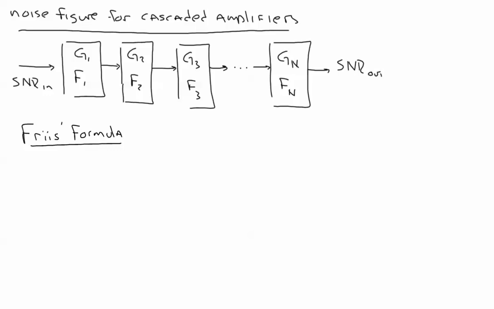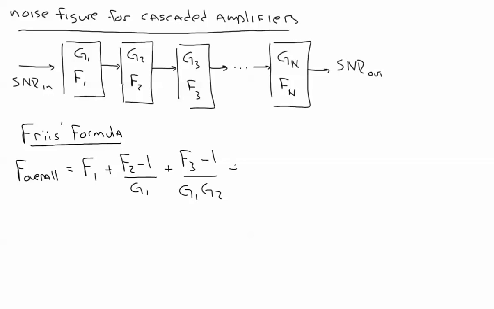The overall noise figure equals F1 plus (F2 minus 1) over G1, plus (F3 minus 1) over G1 G2, plus all the way up to (Fn minus 1) over G1 G2 all the way up to G(n minus 1).